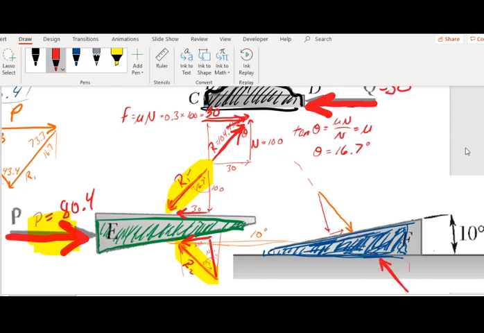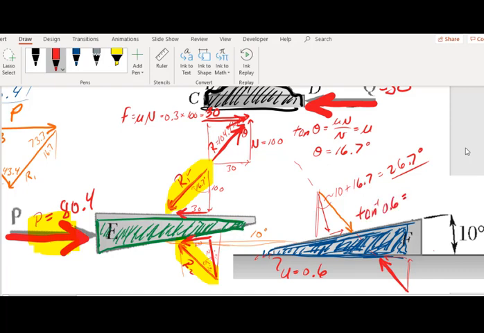Those are going to have to be along the same line of action if they're going to cancel out and be equal and opposite to one another. So think through the angles again. On top, we have the 0.3 friction coefficient, and underneath, we have a 0.6 friction coefficient.